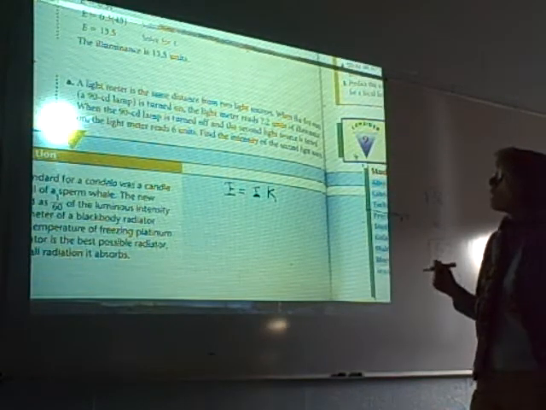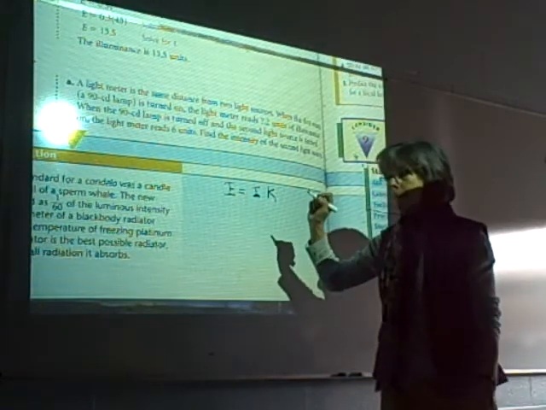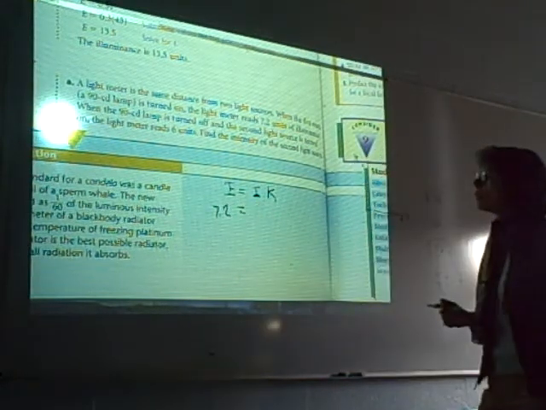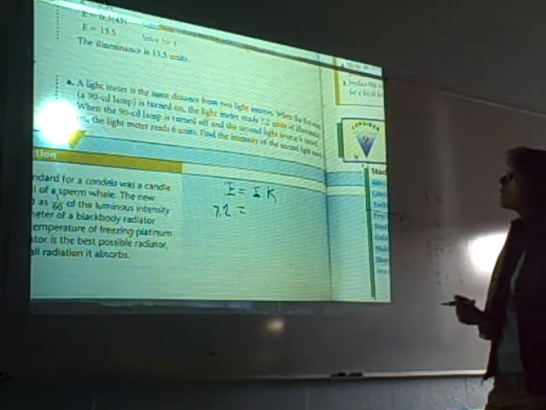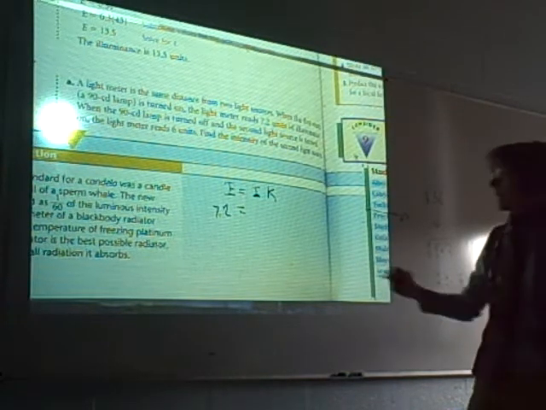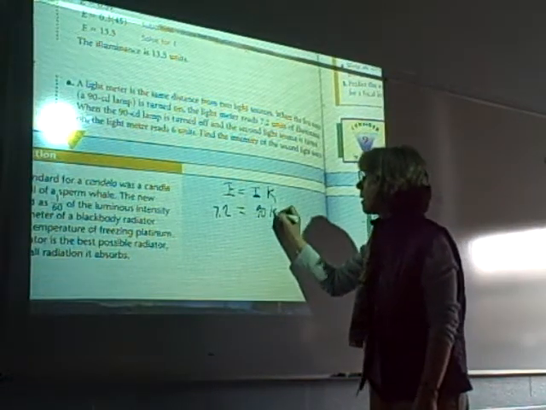Okay, so our illuminance is what? 7.2 is equal to K times 90, so 90K. It's going to be a decimal.